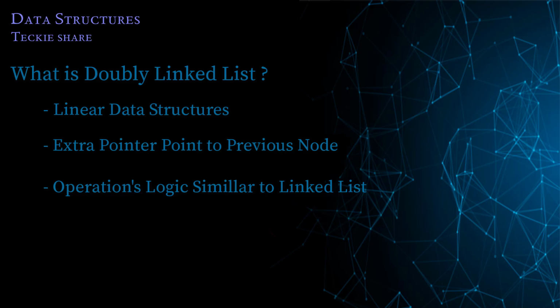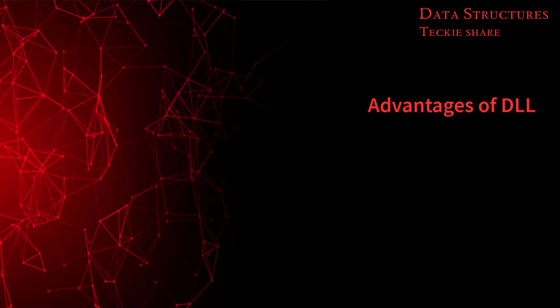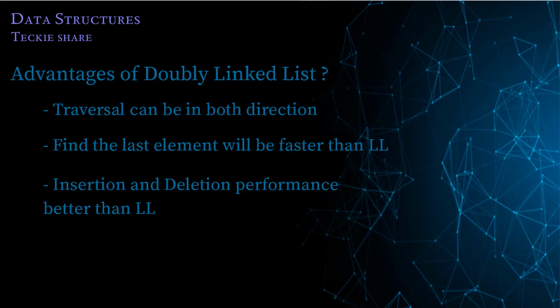We already have a linked list, then why do we go for a doubly linked list? Let's understand the advantages over a linked list. In a linked list, suppose you want to find the last element from your list, what do you have to do?